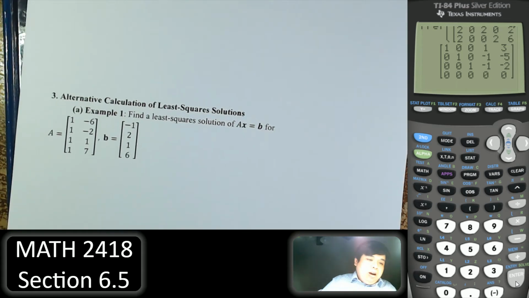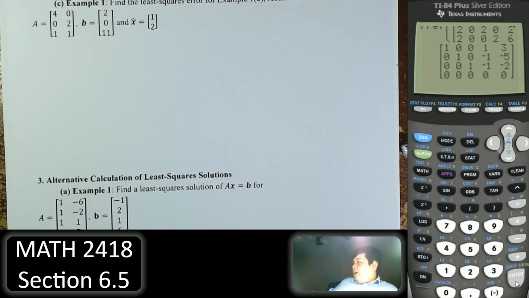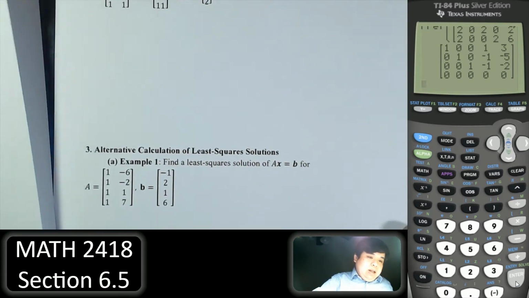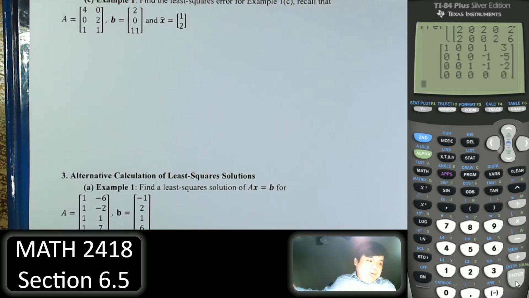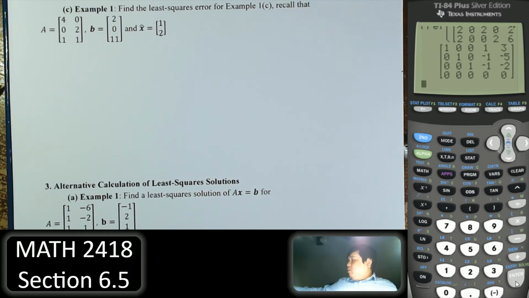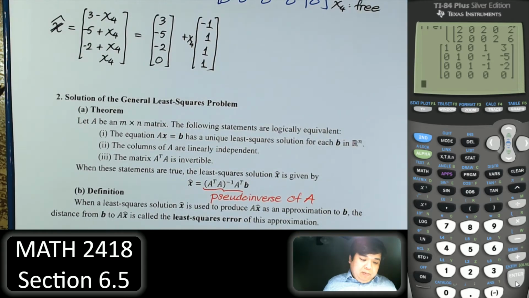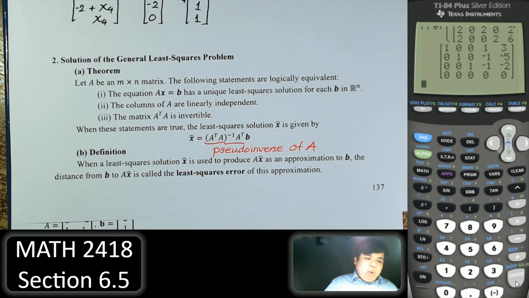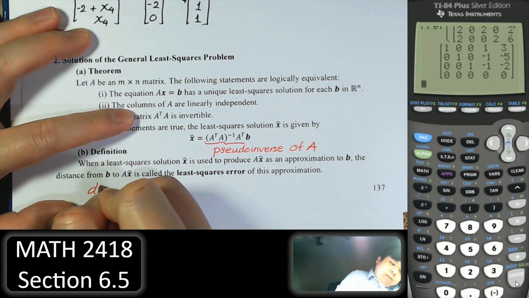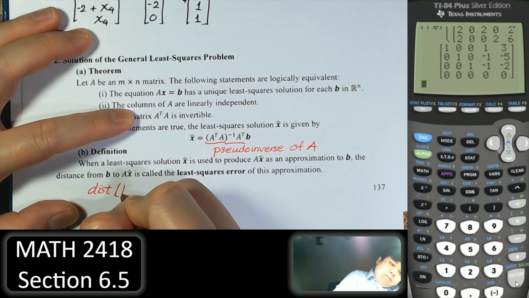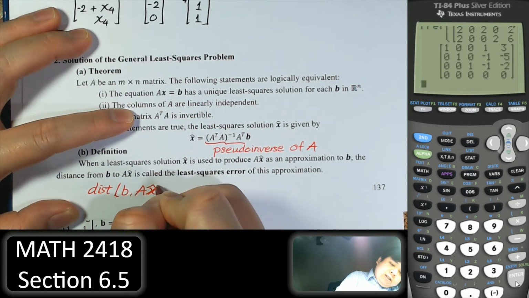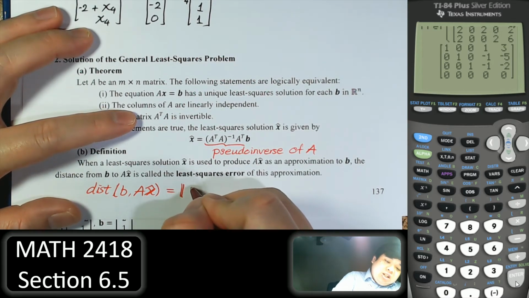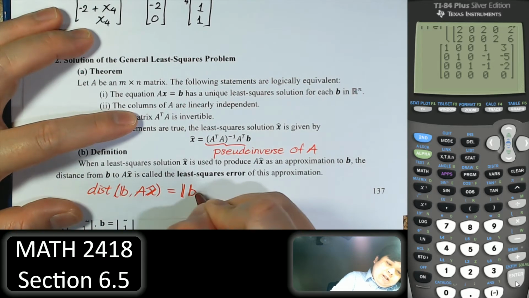Right, next, I'll find the least square error in example 1c. So example 1c, now we have the solution. So what we have from the previous is that the distance from B to Ax hat is called the least square error. So how do we write that? The distance of B to Ax hat is just the norm, or the length, or the magnitude of B minus Ax hat.